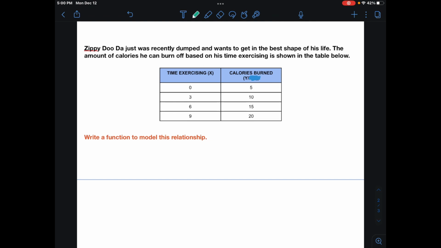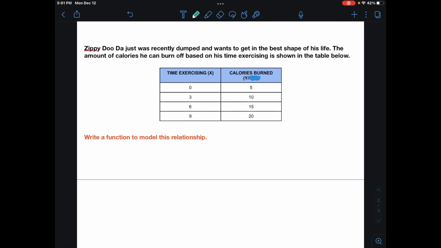So Zippity Doodah was just recently dumped and wants to get in the best shape of his life. The amount of calories he can burn based on his time exercising is shown in the table below. So first we want to verify whether it's actually a linear relationship.